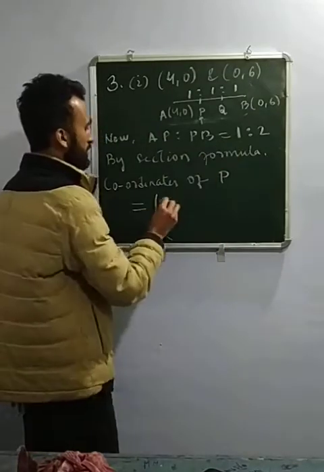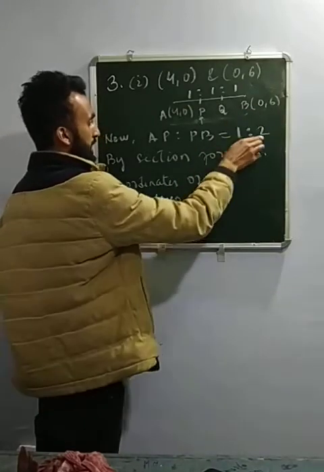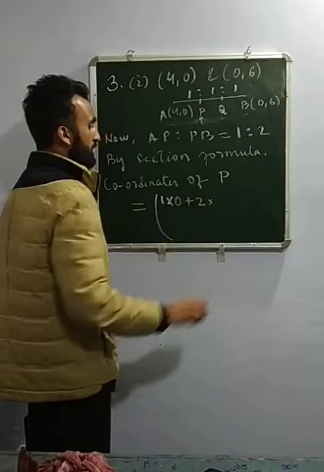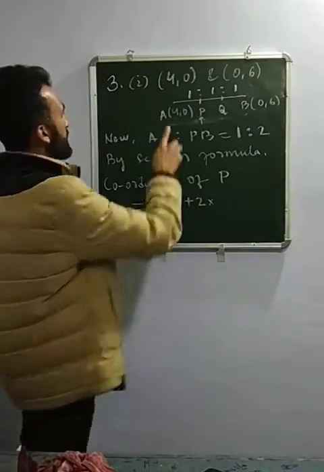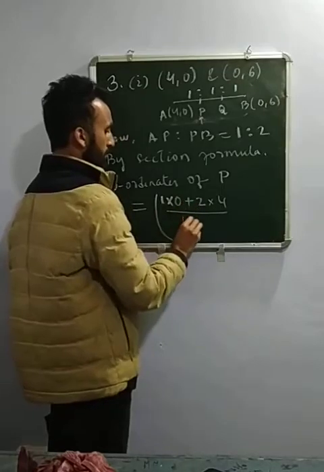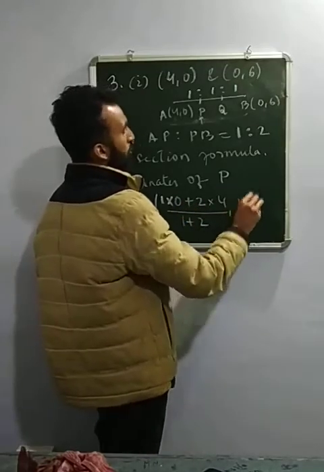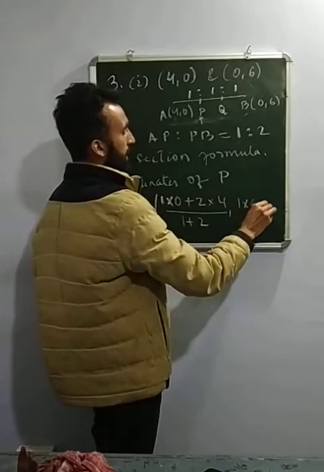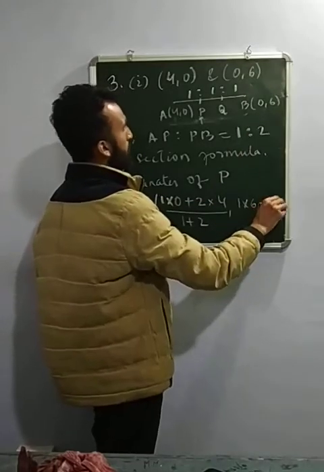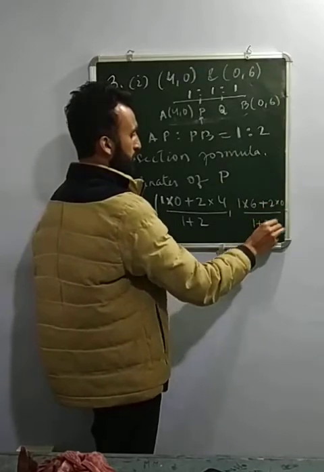M is 1, x2 is 0, plus n is 2 and x1 is 4, divided by m plus n, 1 plus 2, comma, m y2, m is 1, y2 is 6, plus n is 2 and y1 is 0, divided by m plus n, 1 plus 2.